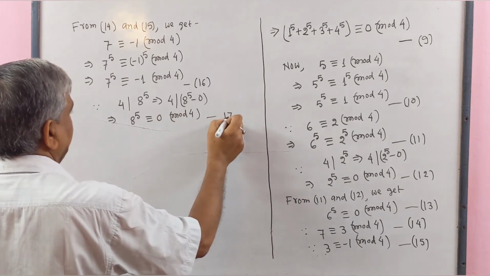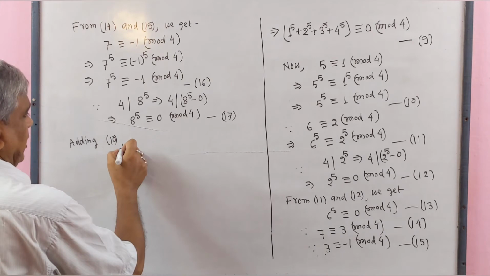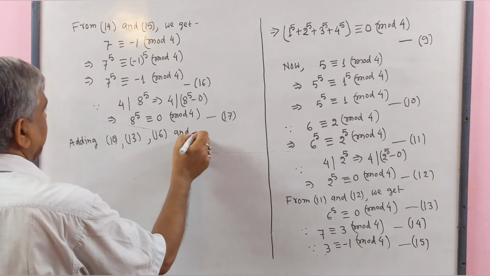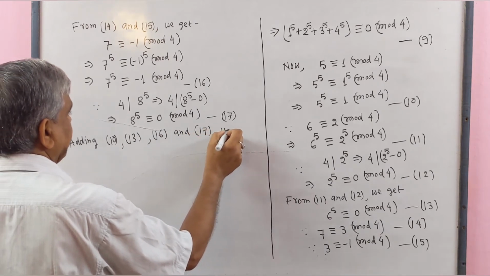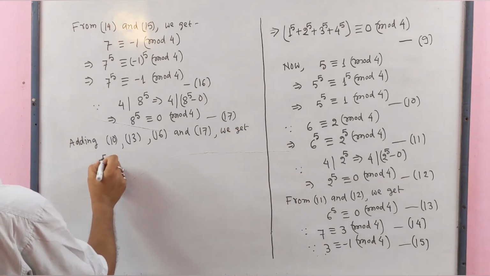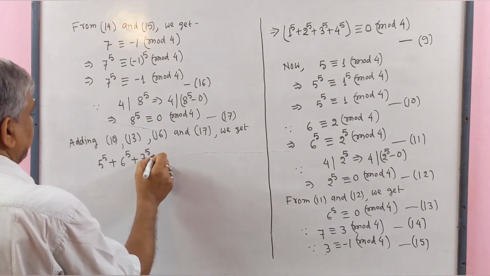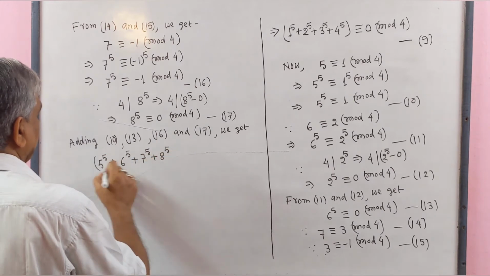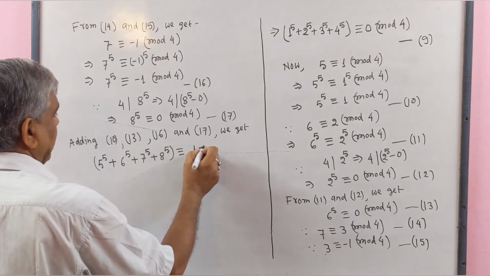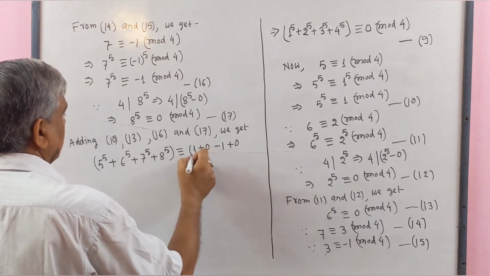This is number 17. Adding 10, 13, 16 and 17, we get 5 to the power 5 plus 6 to the power 5 plus 7 to the power 5 plus 8 to the power 5 is congruent to 1 plus 0 minus 1 plus 0 modulo 4.